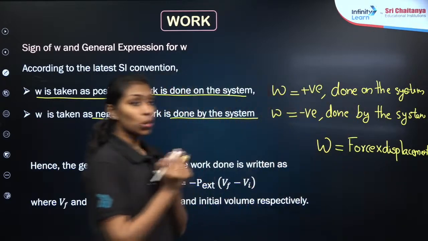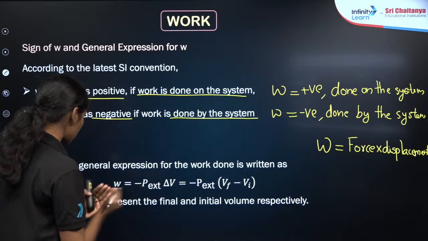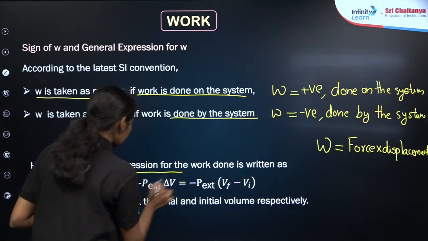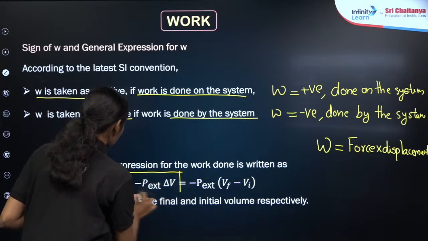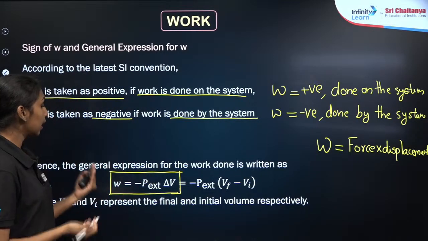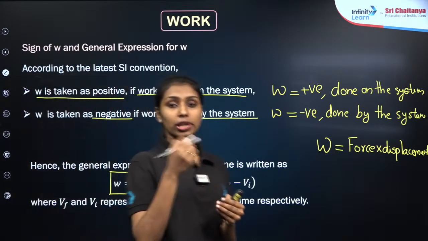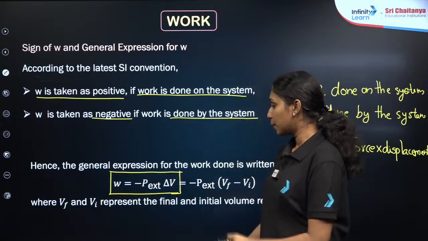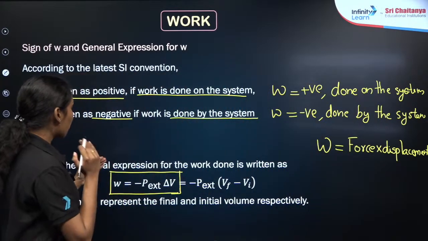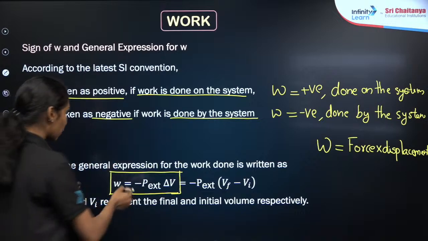If I am giving an external pressure to a system, I can denote this external pressure as P external, right? Due to this external pressure, the volume will be changing. So the final work done will be equal to P external into delta V, where you will get the negative sign.